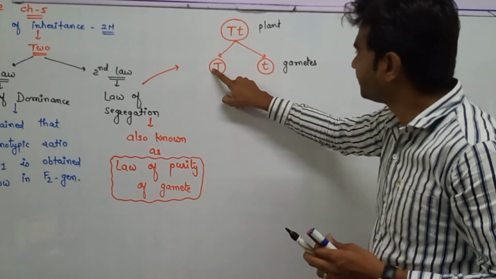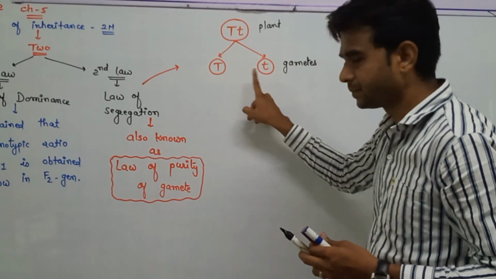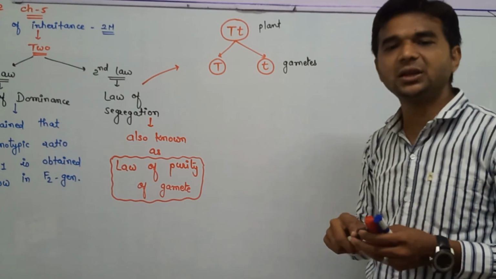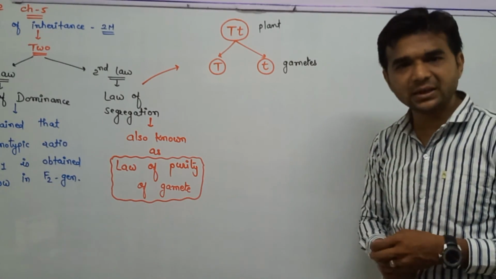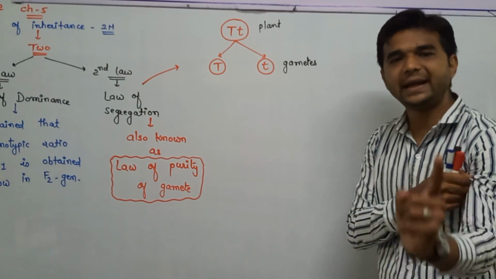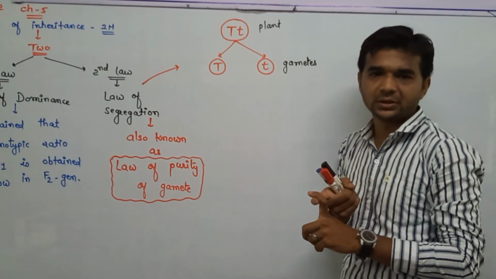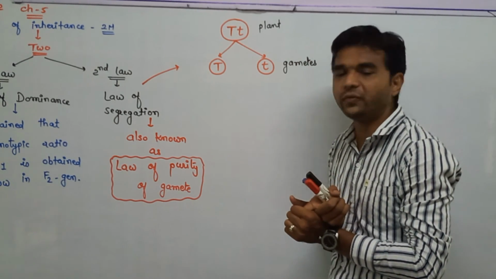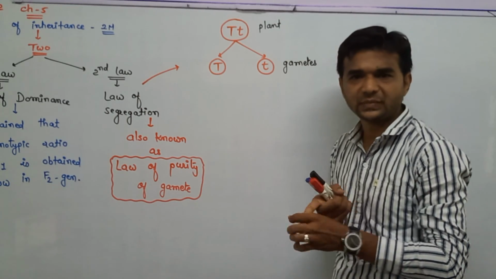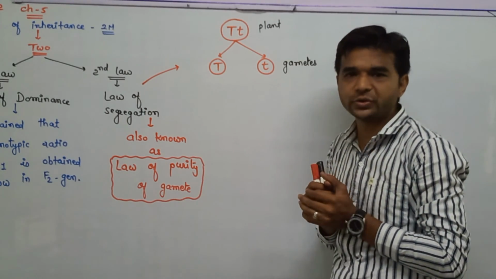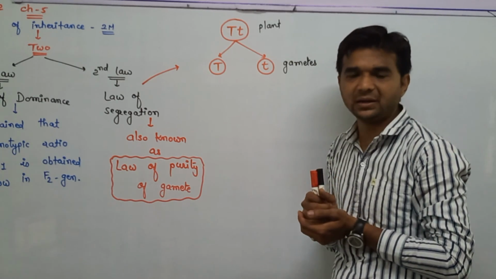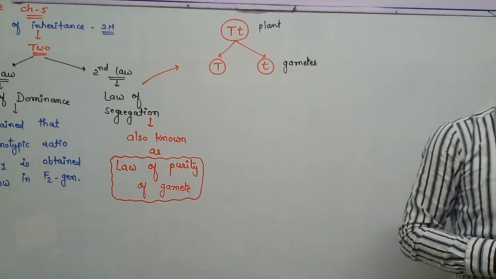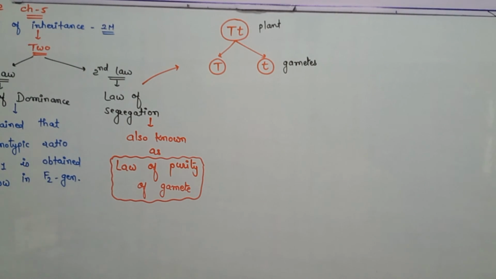So for tallness and for dwarfness separately gametes are formed. So the organism consists of a mixture of characters, but gametes consist of only one, and that is pure character. That's why the law of segregation is also known as law of purity of gamete. So you have to write these two laws in the monohybrid experiment when asked separately in the exam. Fine. So finally, the monohybrid experiment whole topic is over.